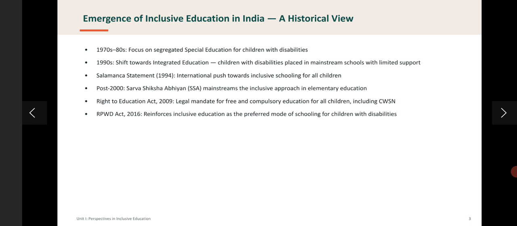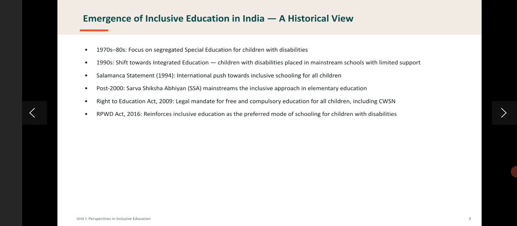Although the government has attempted to create policies that are inclusive for people with disability, the implementation efforts had not resulted in an inclusive system of education. Education for all is reached, but inclusive education is not reached. The budgetary provision for PWD, persons with disability, was allocated in various five-year plans.